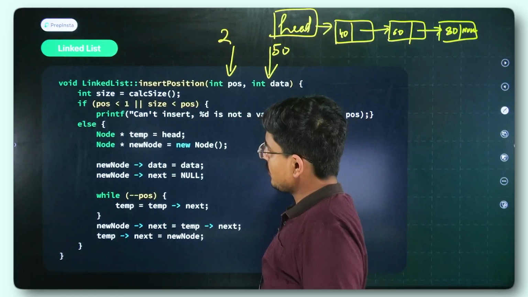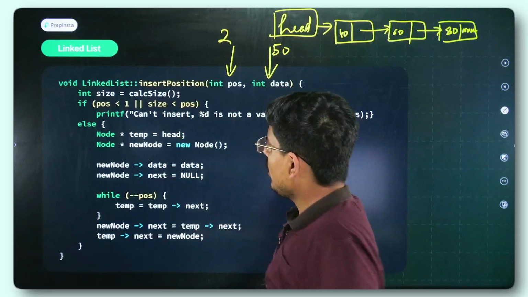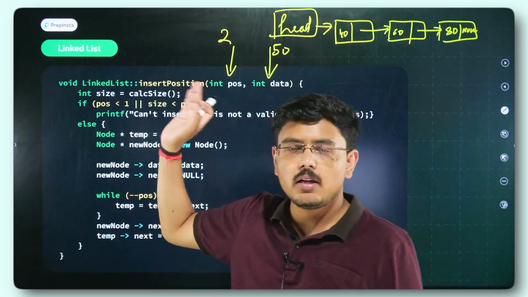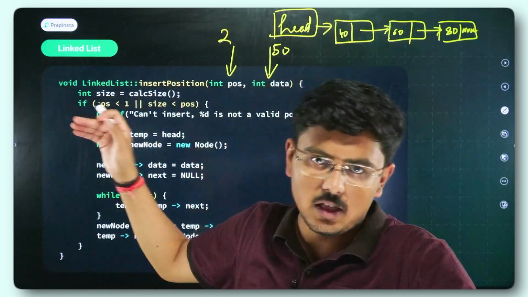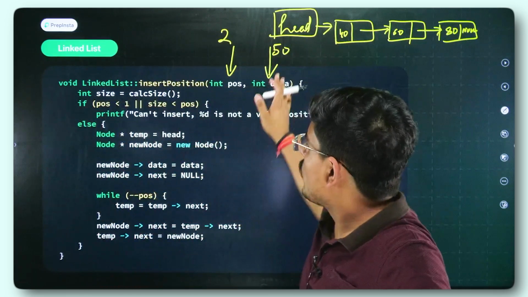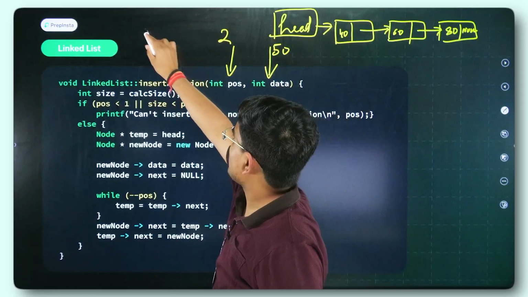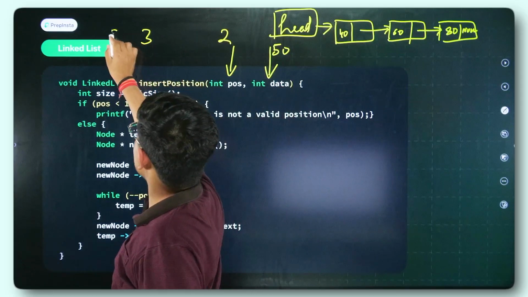So in that case, what is it saying? First of all, you calculate the size. We have already done this calc size function earlier in the first video, you can check that out. Size would come out to be 3 here because there are 3 nodes.